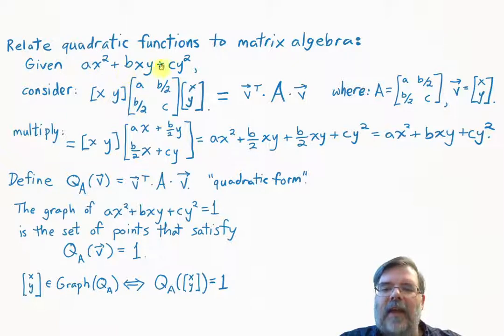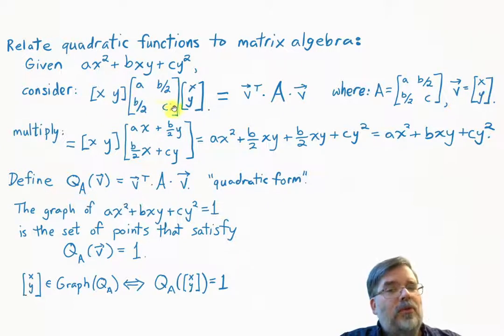Notice that I have A and C in this matrix, and instead of using the number B, I use the number B over 2, but I use that twice in these two positions. Now this expression, you could rewrite as v transpose times A times v, where A is this matrix of numbers and v is the vector of variables, xy.